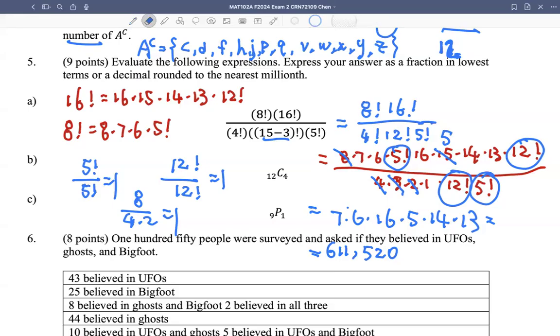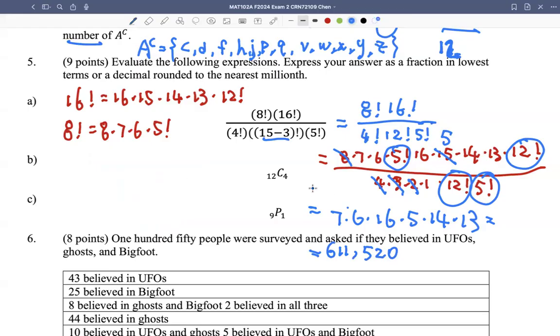Now the second one is B. So B is to calculate this, right? So combination. So that's 12 factorial divided by 12 minus 4 factorial, or 12 minus 4 is 8, 8 factorial, and divided by 4 factorial.